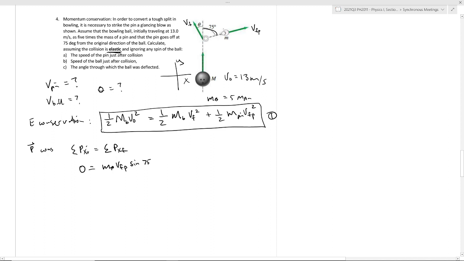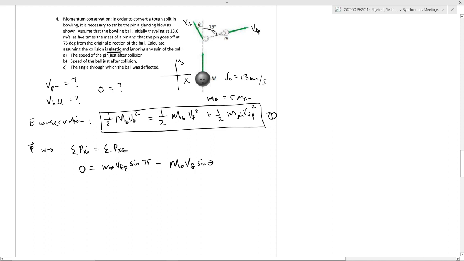So that's the component of momentum from the pin in the x direction, and it's positive because it's pointed to the right. And then this chunk will be negative because it's pointed to the left according to our coordinate system: the mass of the ball, I'll draw this big M to indicate the more massive ball, times v final times sine of theta, our unknown angle.